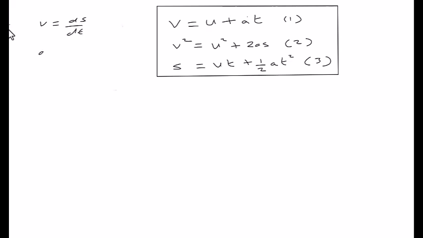We also know that acceleration is equal to the derivative of velocity over time, which also means, by definition, these are first order derivatives, but the acceleration is equal to the derivative with respect to time of the displacement with respect to time, which means it's the second order derivative of displacement over time.